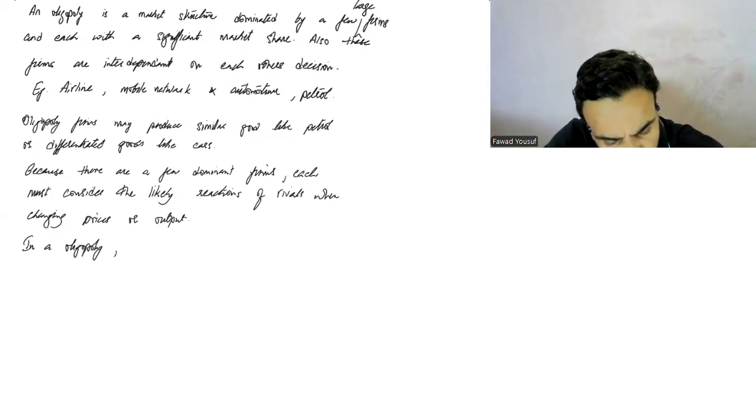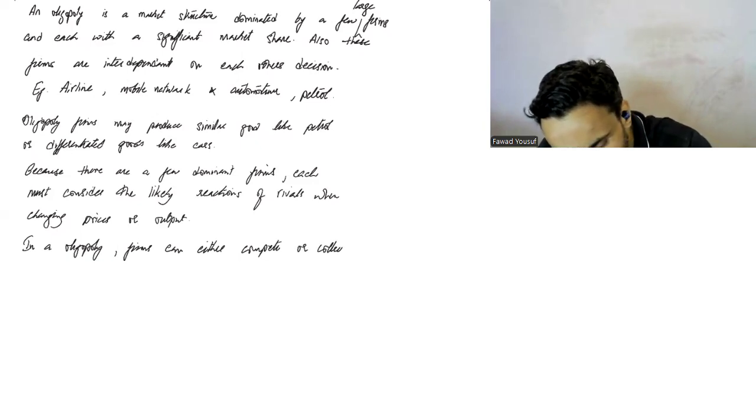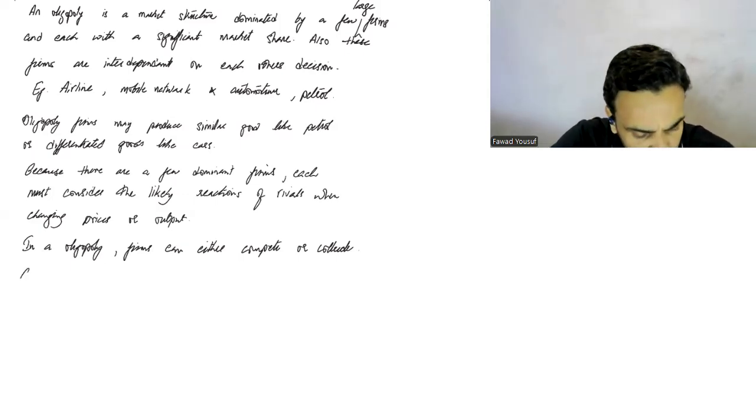In an oligopoly, firms can either compete or collude. Okay? Collusion क्या होती है?